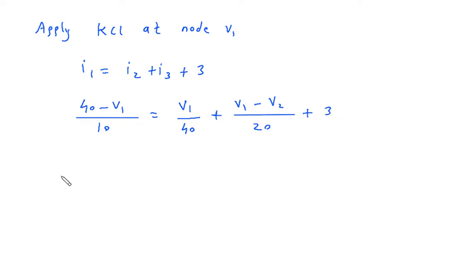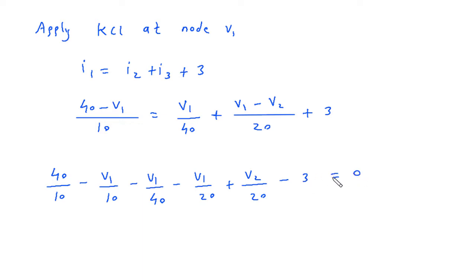So this will be 40 by 10 minus V1 by 10 minus V1 by 40, minus V1 by 20, and this will be plus V2 by 20, then minus 3 is equal to 0.